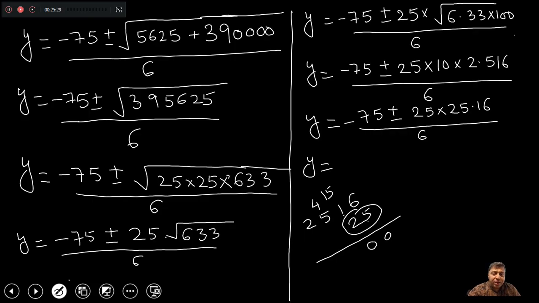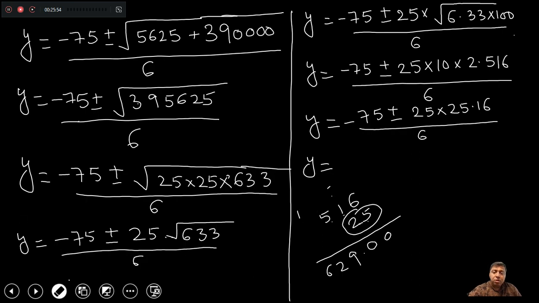Write 0, carry 4. 25 fives are 125, plus 4 is 129. Write 9, carry 12. 25 twos are 50, 50 plus 12 is 62. So this is 629.00.